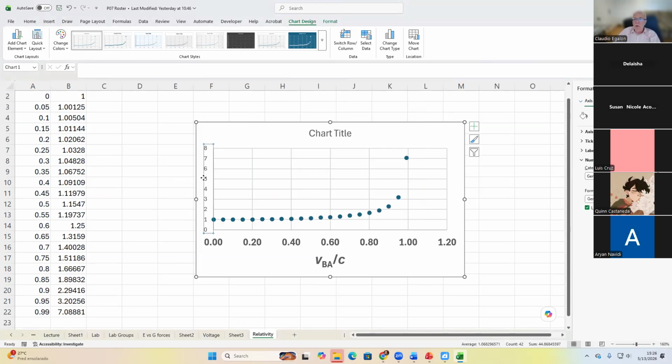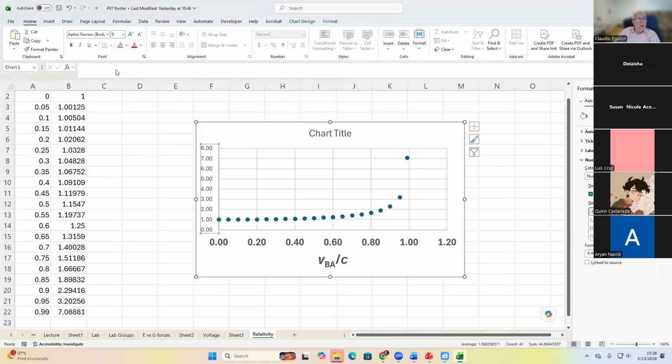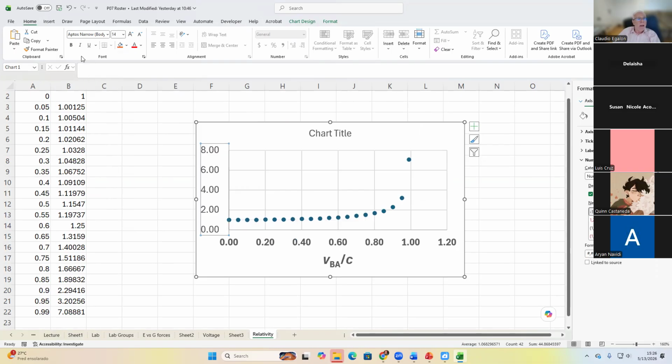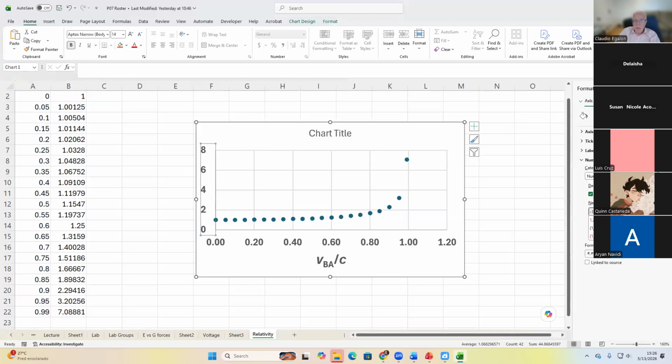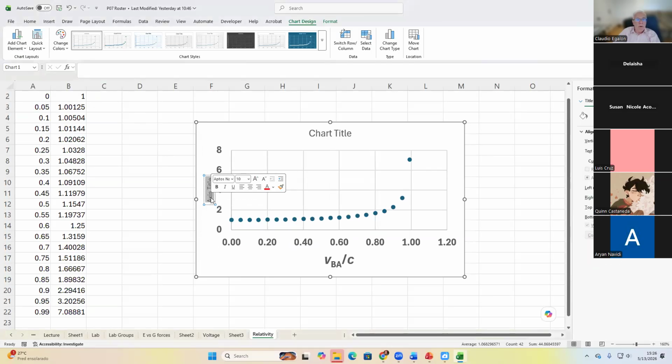Here we do the same thing, 14 size, boldface for the tick marks labels. But we do not need 2 decimal places. We need 0 decimal places, 0 to 4. And we have to add our chart element, axis title, primary vertical.